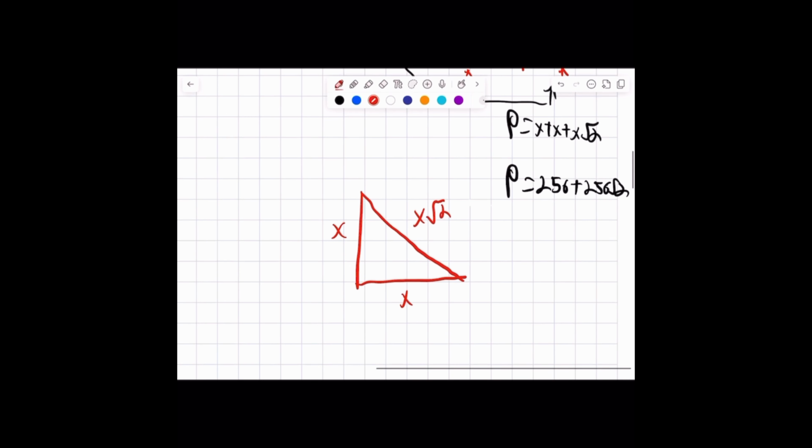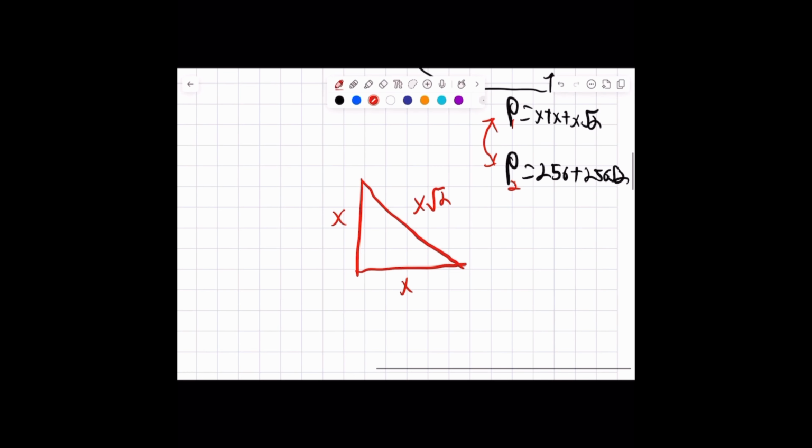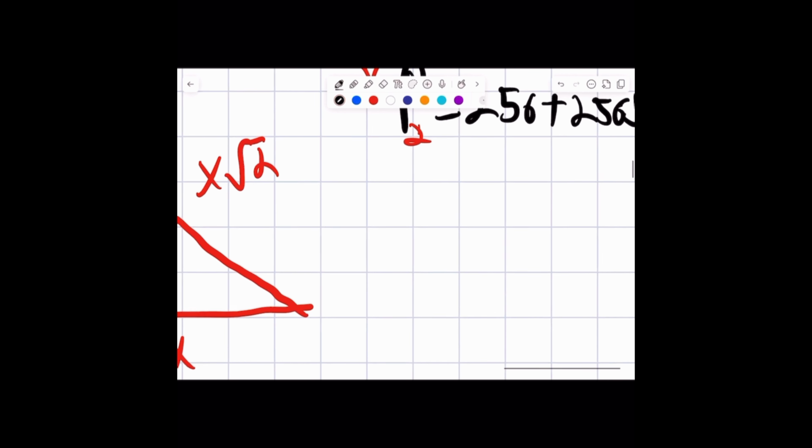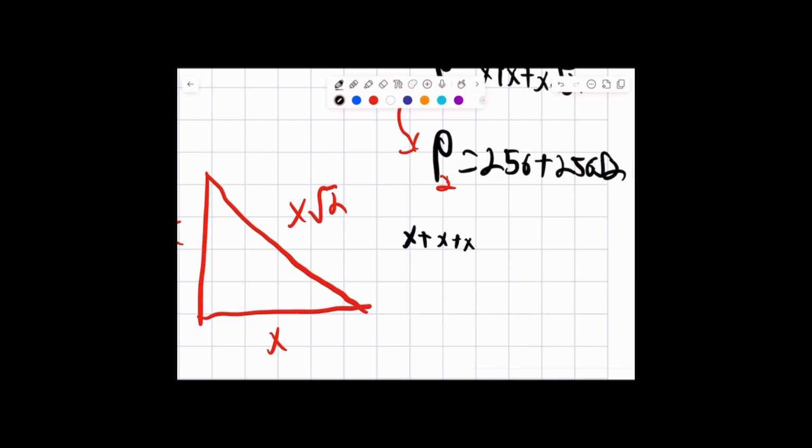But instead, because we have two perimeter equations, perimeter 1 and perimeter 2, we could then set them equal to each other. So x plus x root 2 is equal to 256 plus 256 root 2.